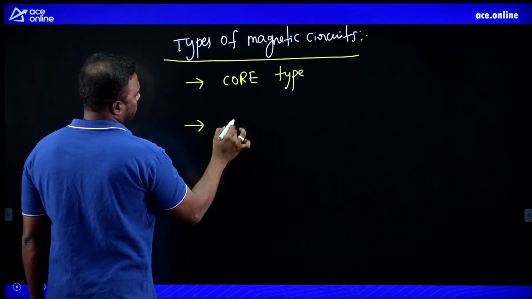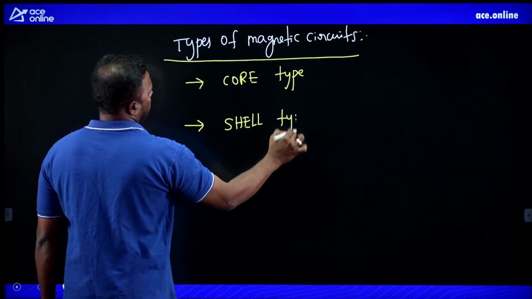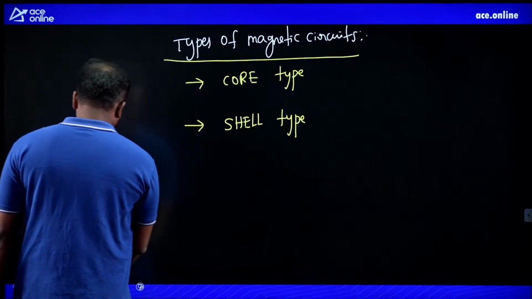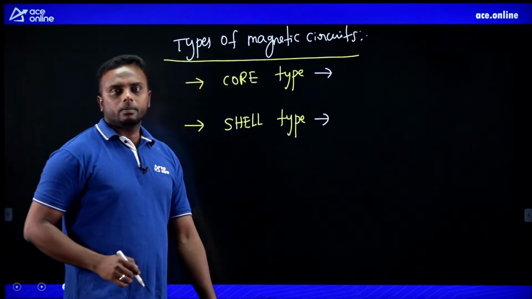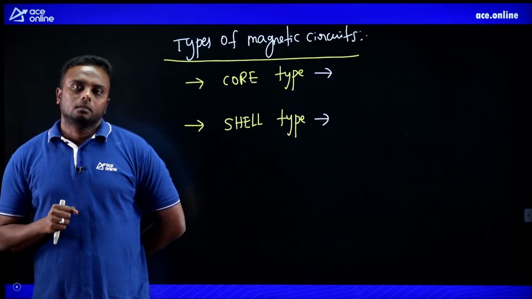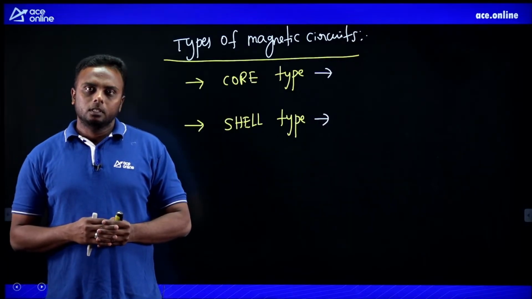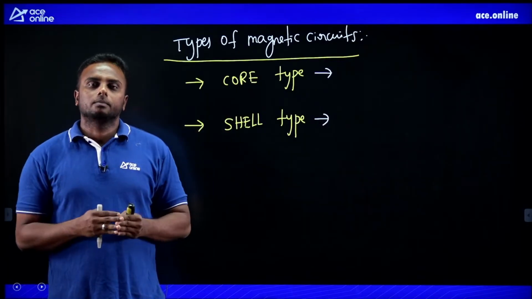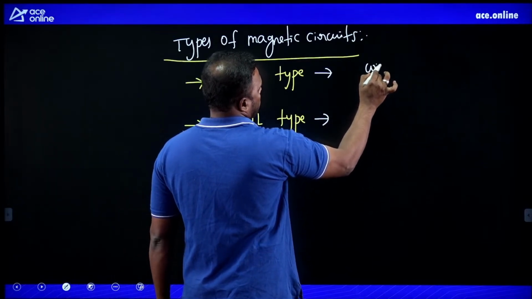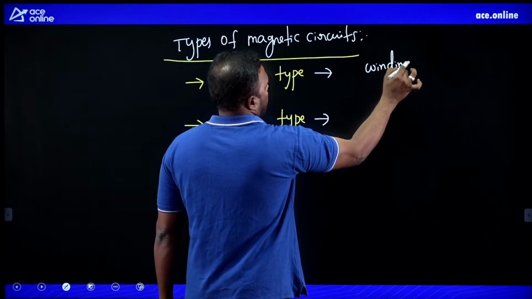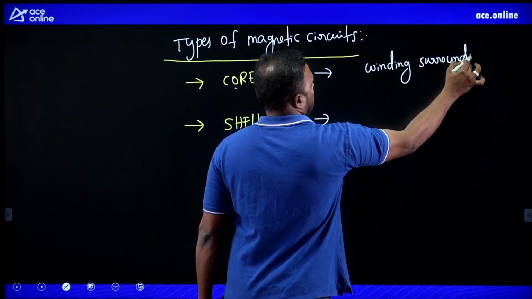There are some important differences between these two magnetic circuits, and I will give only some important points here. One important difference between core type and shell type is the placement of winding. Where is the winding placed and where is the core? In a core type transformer, the winding is outside and the core is inside, so the winding surrounds the core.